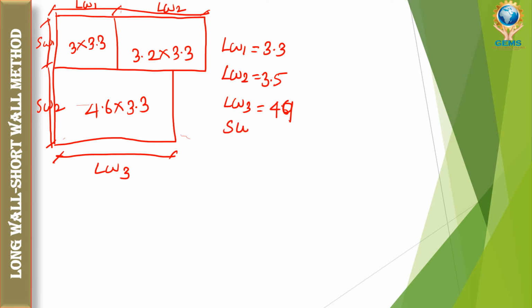Then the next one is SW1. SW1 equals what? 3.3, that is the height, so 3.3 plus 0.3. So what will we get? 3.6 is SW1. SW2 equals 3.3 plus 0.3, so 3.6 here also. Using this, we are going to solve the problem.